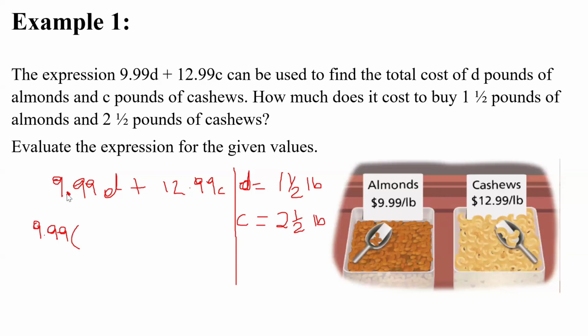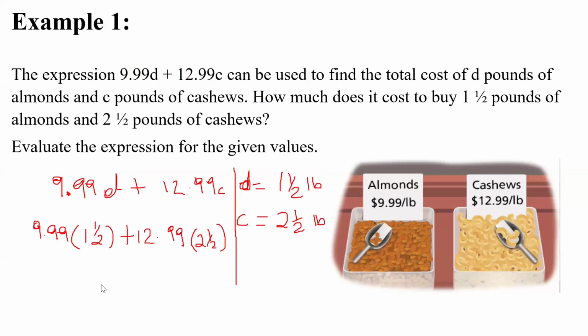So remember, we said that the coefficient is multiplying the variable. So I'm going to use a parenthesis to show that I am multiplying here. Plus 12.99, and c here represents 2.5. So I am going to replace c with 2.5.